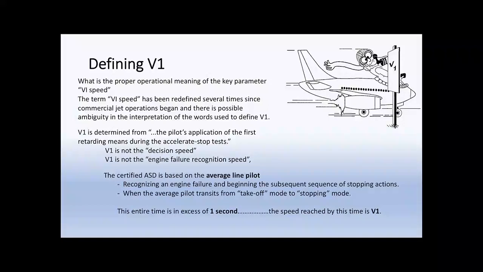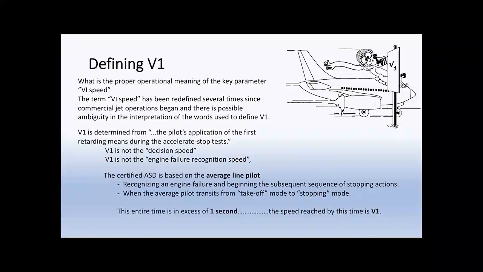Before I end this session, I would like to define V1. All the commercial jet operations or turboprop operations have been there for the last 50 to 60 years. There's still some ambiguity in the interpretation of the words used to define V1.